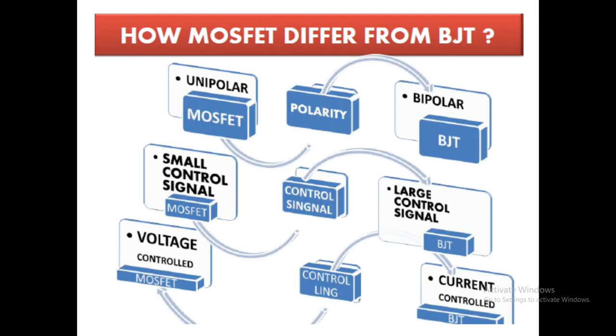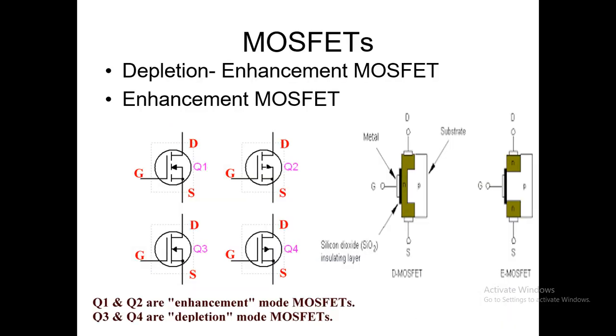So the MOSFET is a voltage controlled device, and the BJT is a current controlled device.